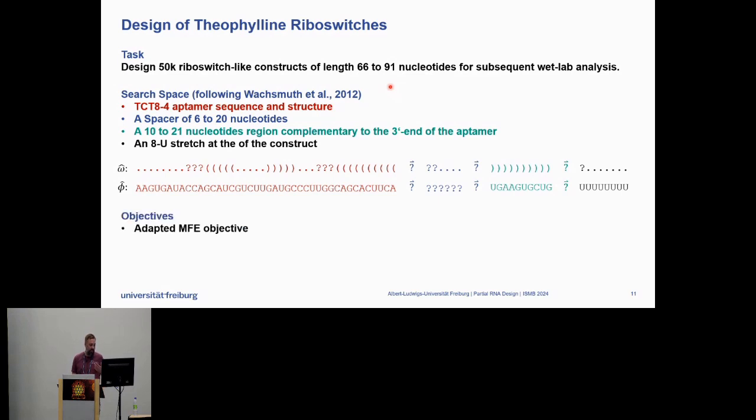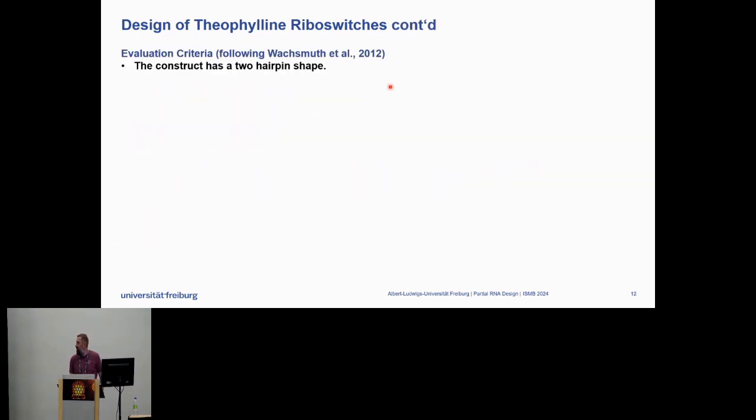For the objectives, we first start with our training objective, which is just this adapted MFE objective. But we also do experiments where we just add an additional GC content deviation objective to our reward function. As I said, this is just plugged in. We do not optimize for anything here or change any parameters.